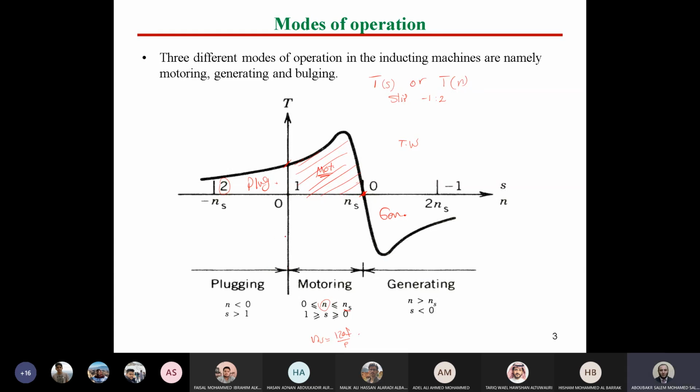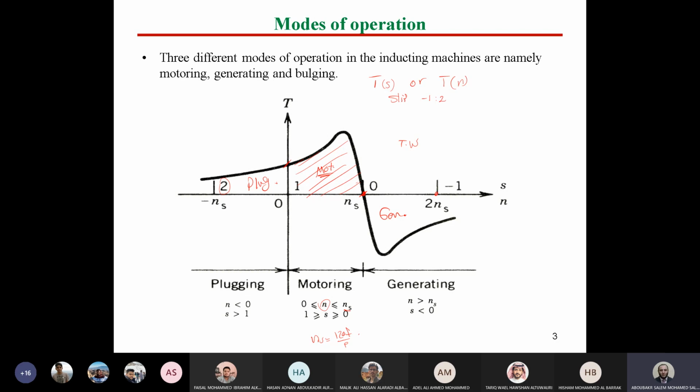So now we agreed together that in motoring mode speed will be less than ns and slip will be from 0 to 1. In generating mode, speed will be higher than ns, from ns to twice ns, and slip will be from 0 to -1. Why -1?